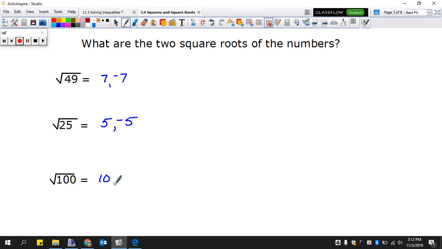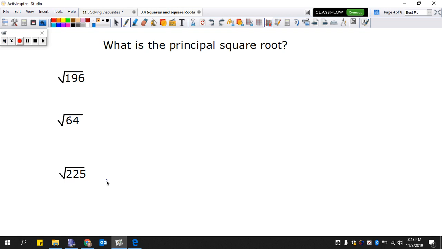The next couple of examples ask for the principal square root, so it's only asking us to find the positive one. Well, 196 is a number that's not on our list. When we run across a number that's not on our list, we're going to need to use a calculator. To do that, we plug in, here's the square root sign right here.